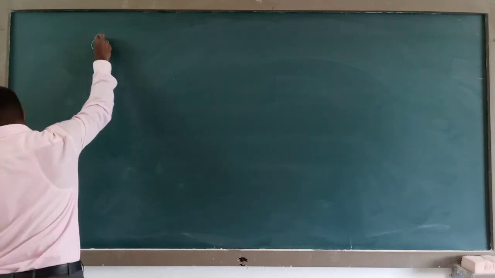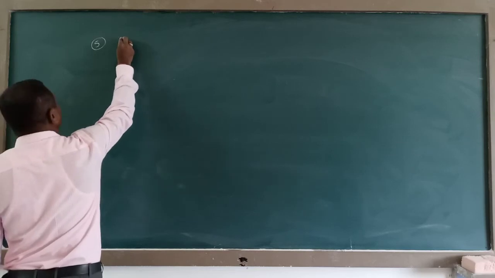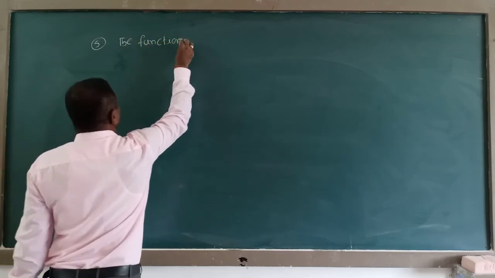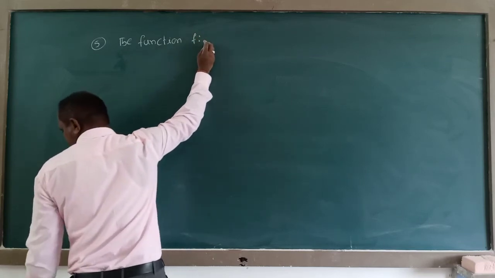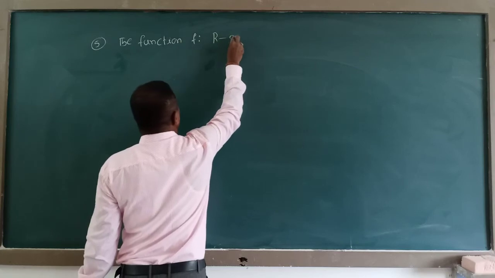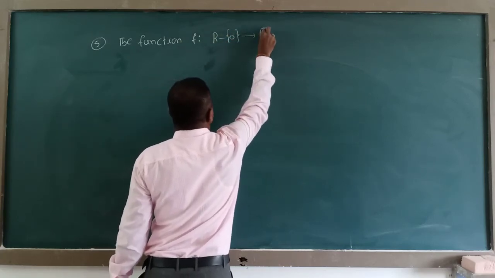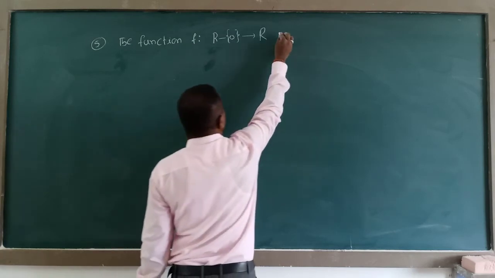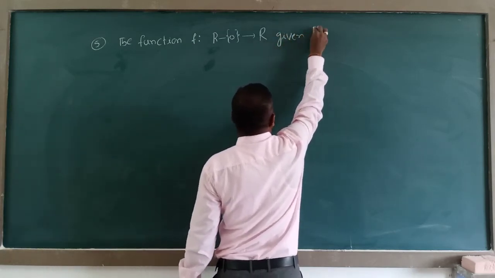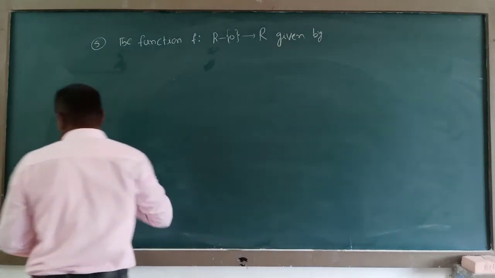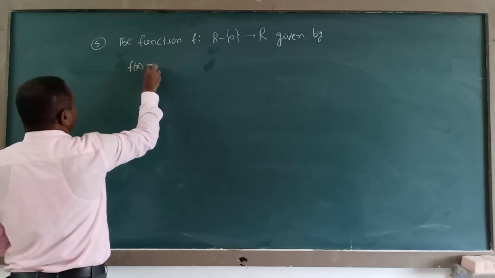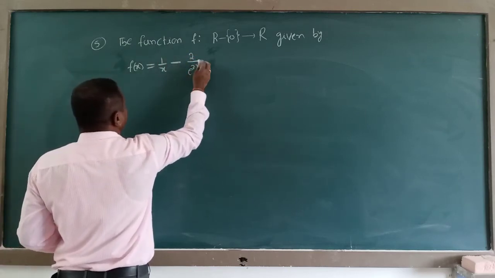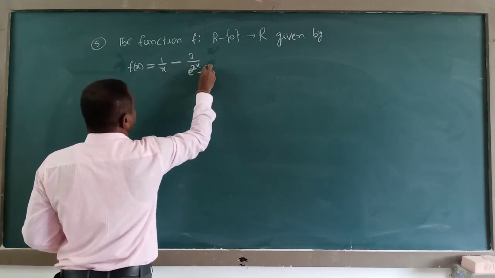Fifth question next. The function f maps from the non-zero real numbers to the real numbers. f of x is given by 1 by x minus 2 by e to the power of 2x minus 1.